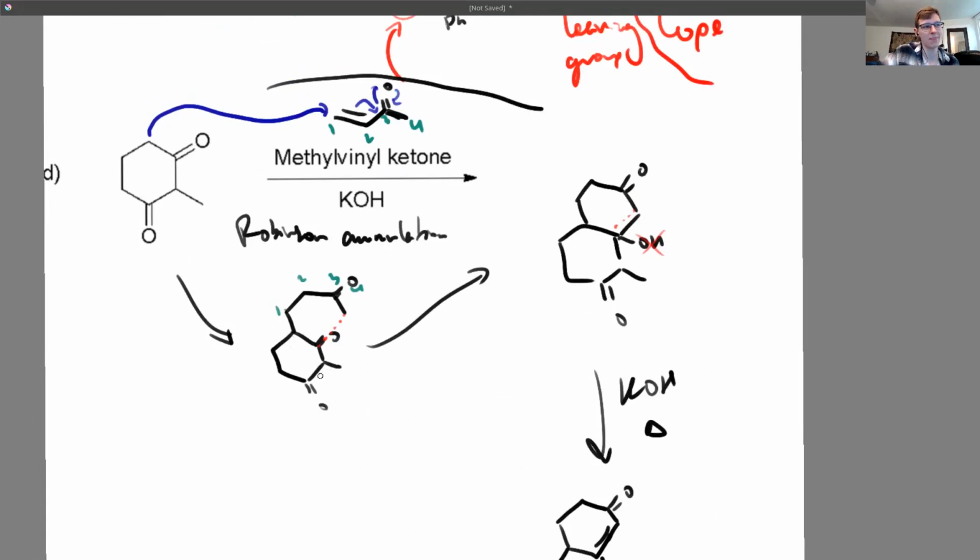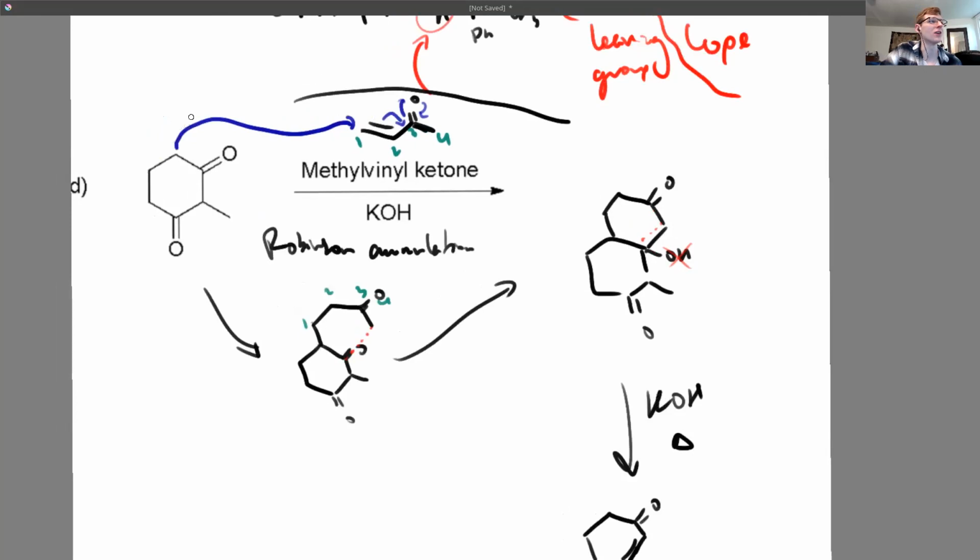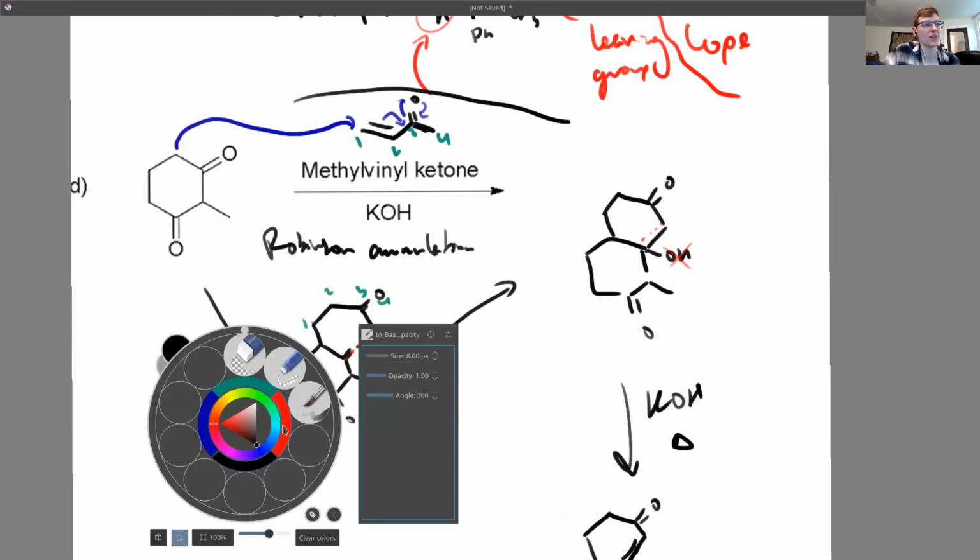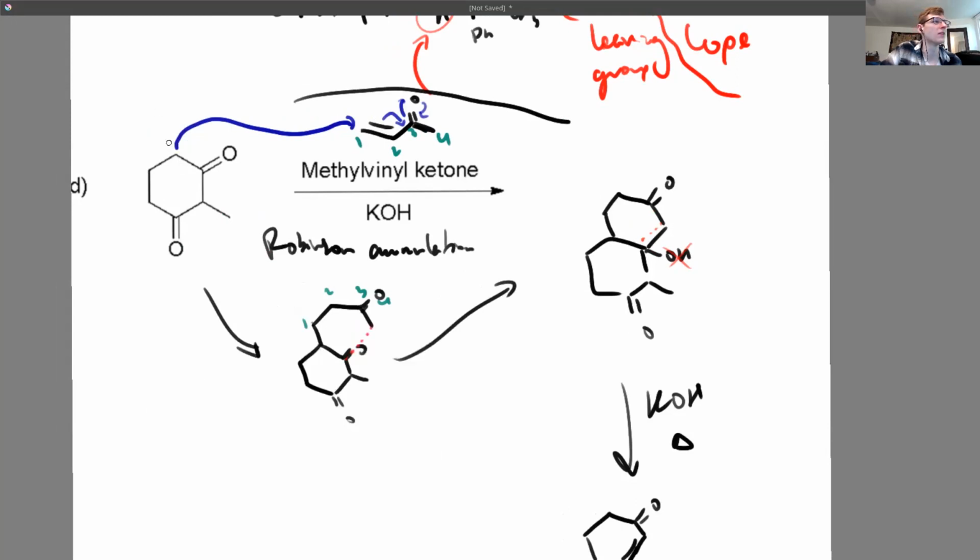Yeah, I think so. Yes, it is. And it goes all the way back to over here, because I picked this hydrogen as the most acidic one, but it's definitely not the most acidic. So this is not the most acidic.